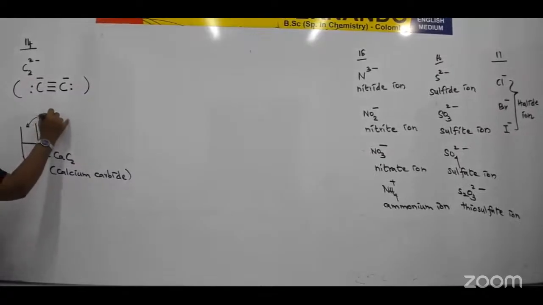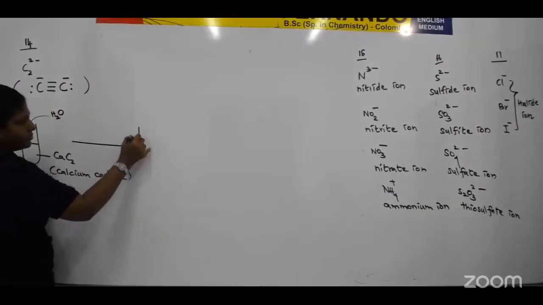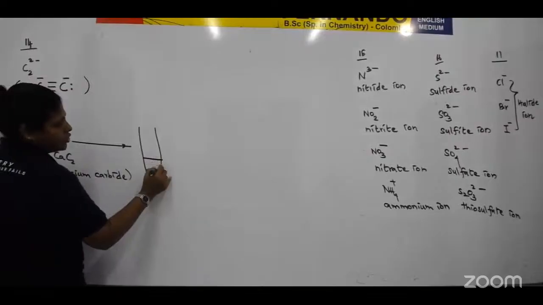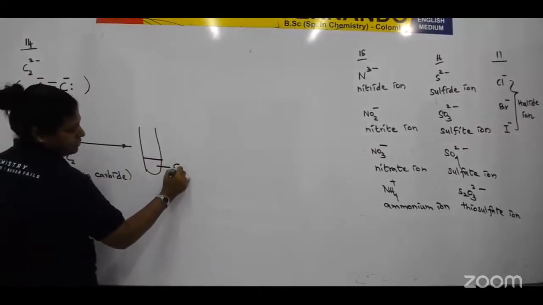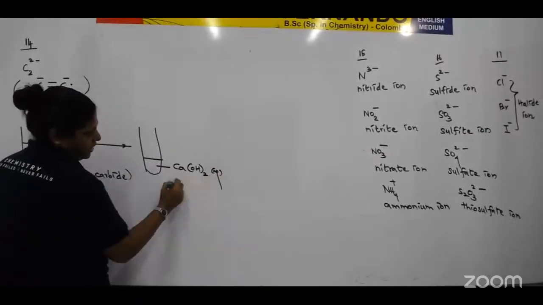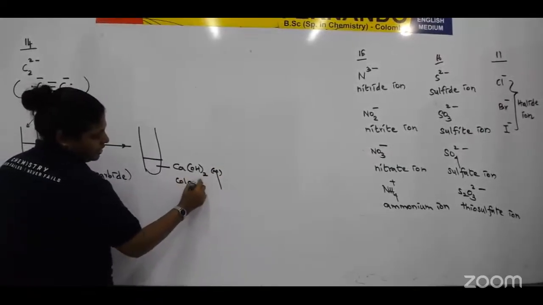Add water. When we add water, the remaining solution is calcium hydroxide, which is colorless.